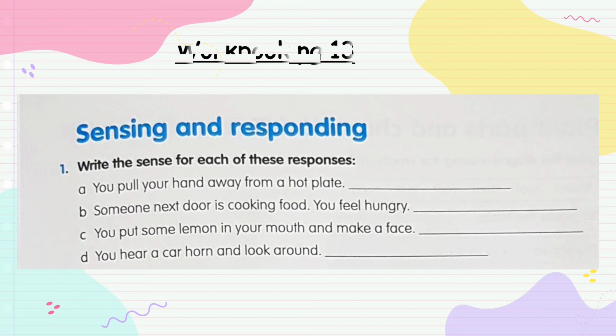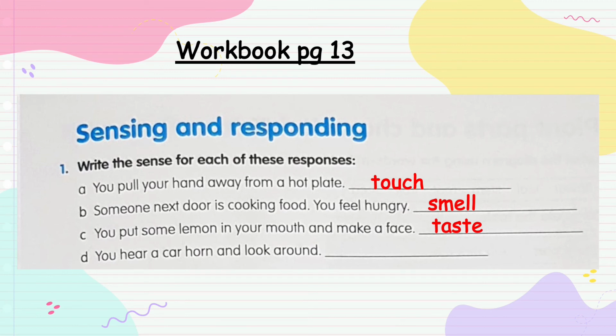Yes, from the touch. Someone next door is cooking food and you feel hungry. How do you know someone is cooking next door? Yes, from the smell. You put some lemon in your mouth and you make a face because it's sour. How do you know? Yes, it's because of the taste. You hear a car horn and look around. When you hear a noise, you look around because you are using your hearing.